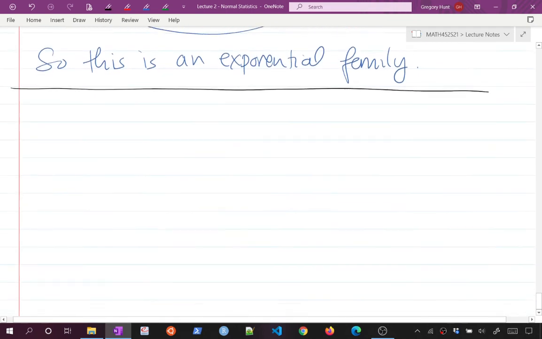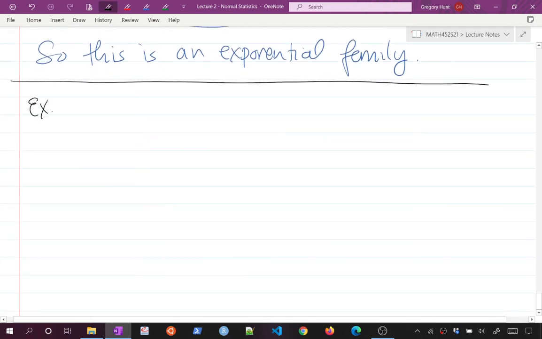Let's do another real quick example. Well, what if my data comes from an exponential distribution? There's a difference between an exponential family, which includes things like Poisson, and the exponential distribution. Not surprisingly, the exponential distribution is an exponential family.